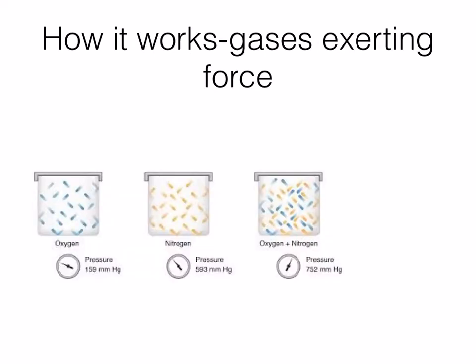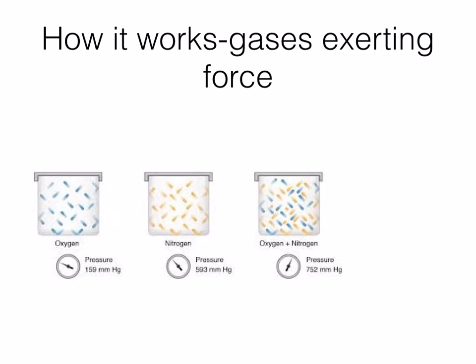I just pulled this picture from Google Images, showing how the gases exert force. You can see from this image that there are three canisters. The left panel of this figure shows a canister of oxygen. The middle panel shows a canister of nitrogen, and the right panel shows a canister containing a mixture of oxygen and nitrogen.